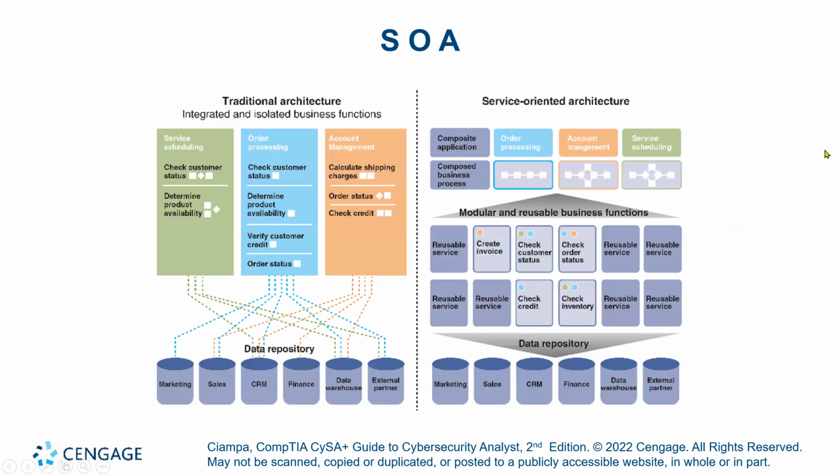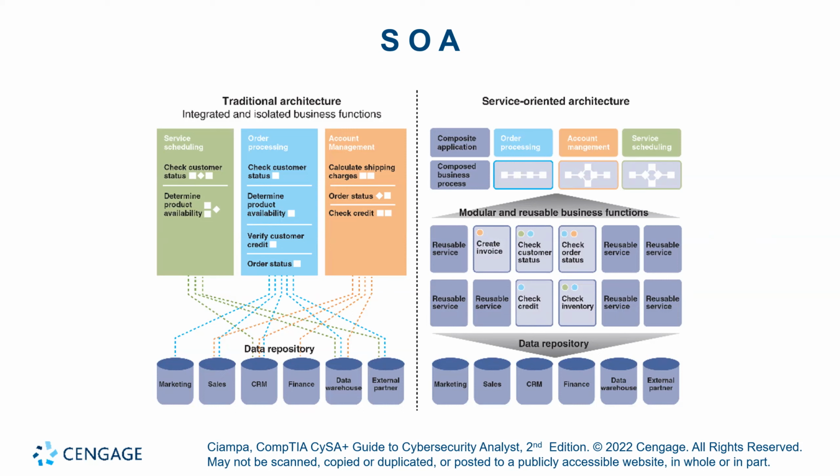All right. Now this is actually a really good graphic here. So traditional architecture, as you can see, kind of goes spaghetti all over the place once you get towards the bottom. So you have your service scheduling, check customer status, determine product availability, order processing, check customer status, determine product availability, verify customer credit, order status, account management, calculate shipping charges, order status, check credit.